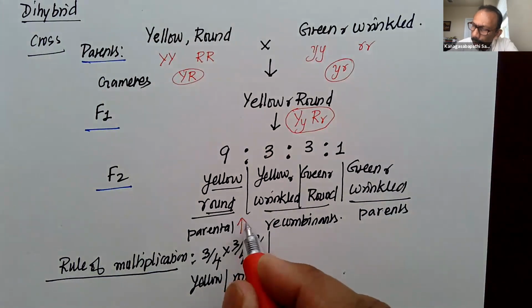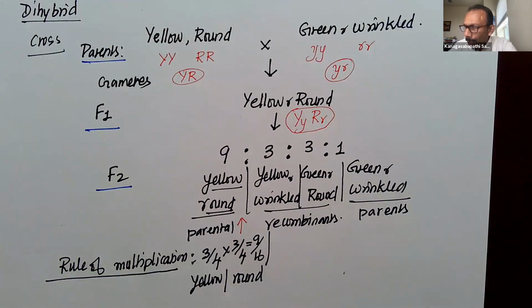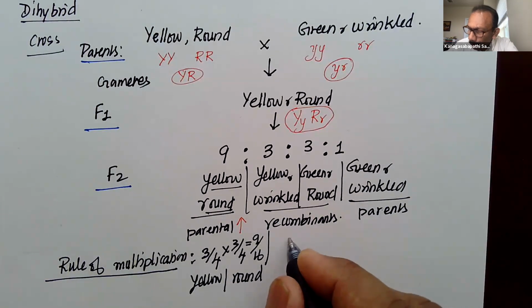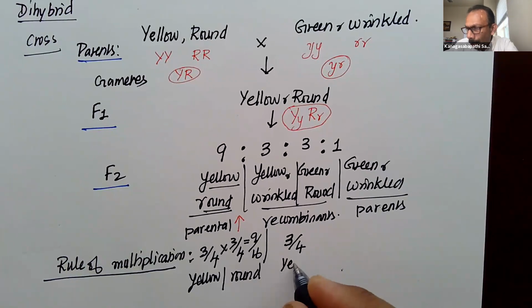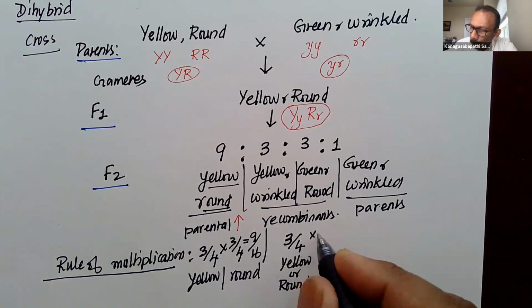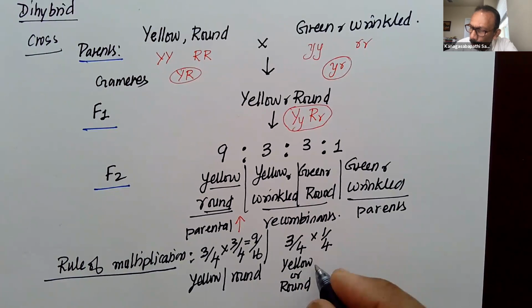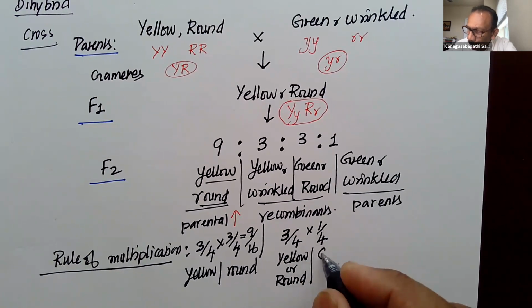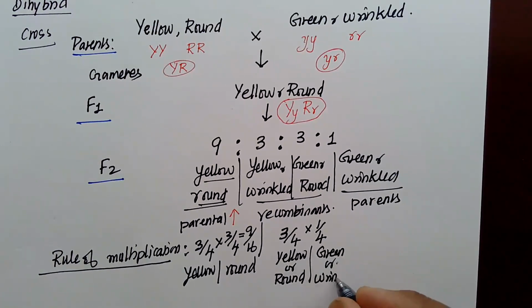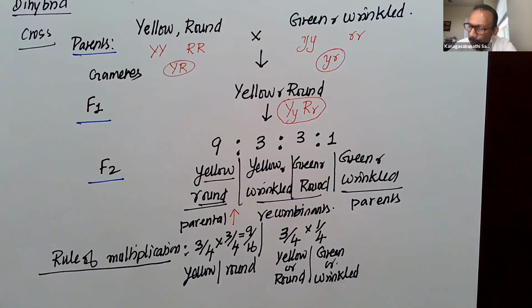And the chance of getting a recombinant is 3 out of 4 for being either yellow or round, the dominant characteristic, and 1 out of 4 for the recessive, which is either a green color or wrinkled shape. So this is the combination they are getting.